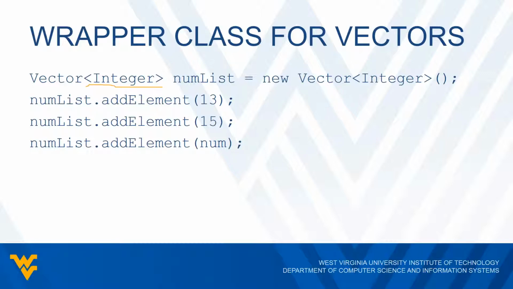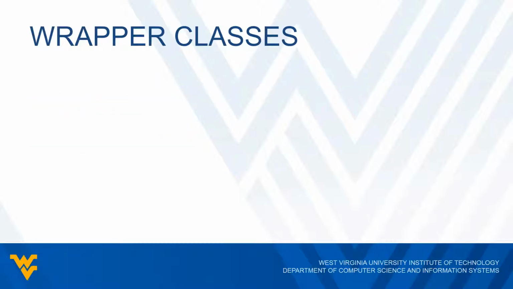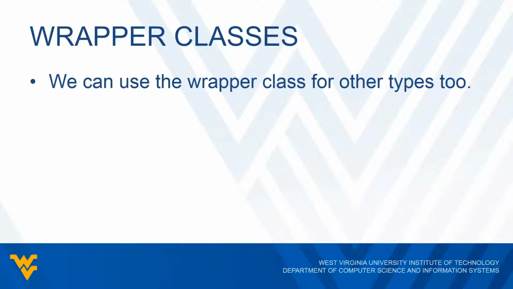We can use our num variable that we just did from the last slide, and we can add that object into our vector. The whole point here is just we take advantage of these primitive wrapper classes to handle things like int and double and so forth. And we can use this wrapper class for other types too. So if I want to use a character variable, I would need to use the left-hand part, so this part right here, Character.